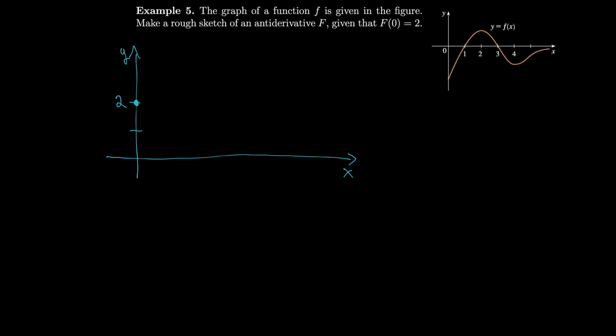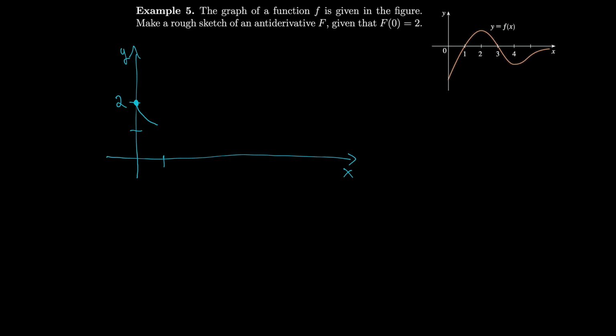That could be our first point. Why not? Then it looks like from 0 to 1, our derivative is negative. If our derivative is negative, it's underneath the x-axis, then that means our function is going down. So up until 1, our function is decreasing.